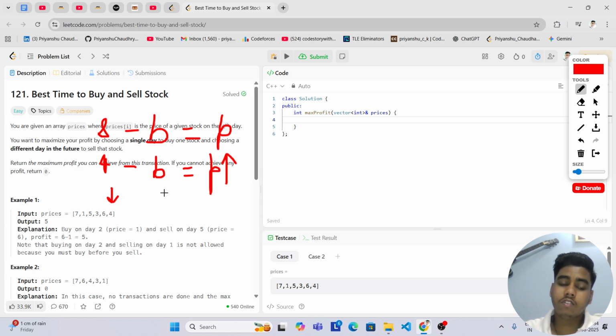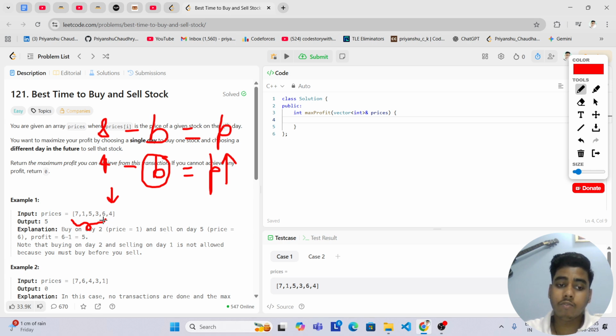So what can come into my mind is, which price should I choose to buy among the prices array before the day I have sold it. So I have to choose the minimum buying price. I have to keep the buying price minimum. So I will choose from the starting up to the day which I have sold, day minus 1.